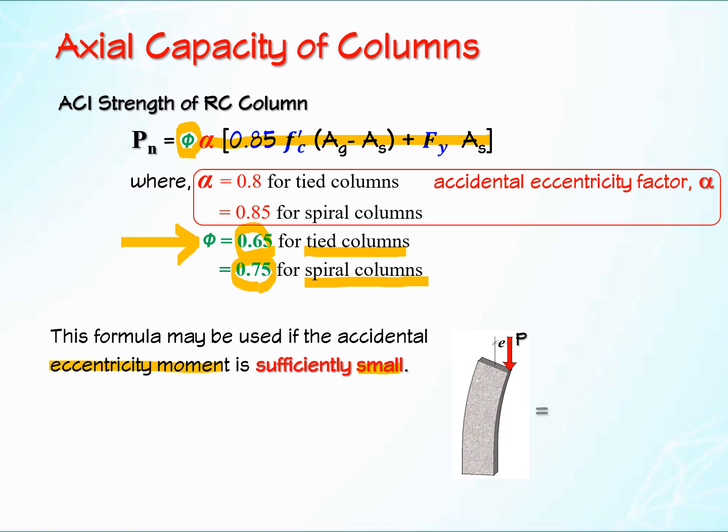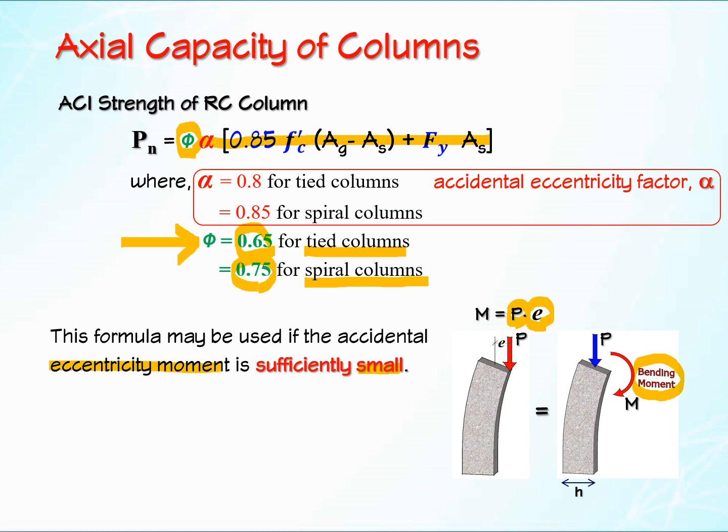If you have eccentricity, then we are going to have eccentricity moment. The magnitude will be P times E. So you can express eccentricity as M over P. We are going to use this relationship a lot in this chapter.